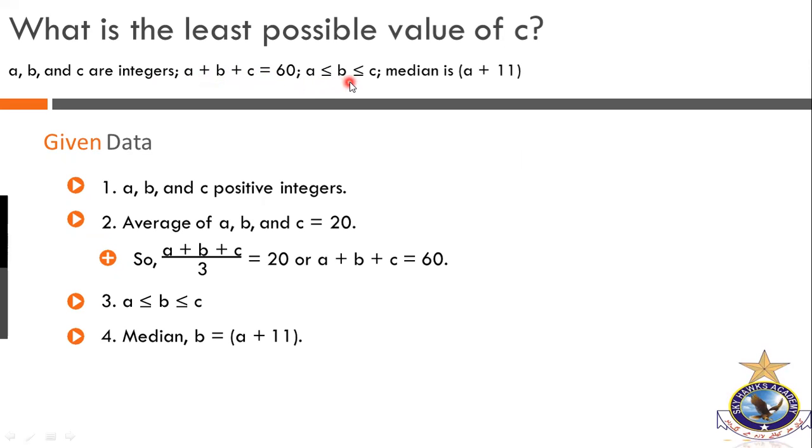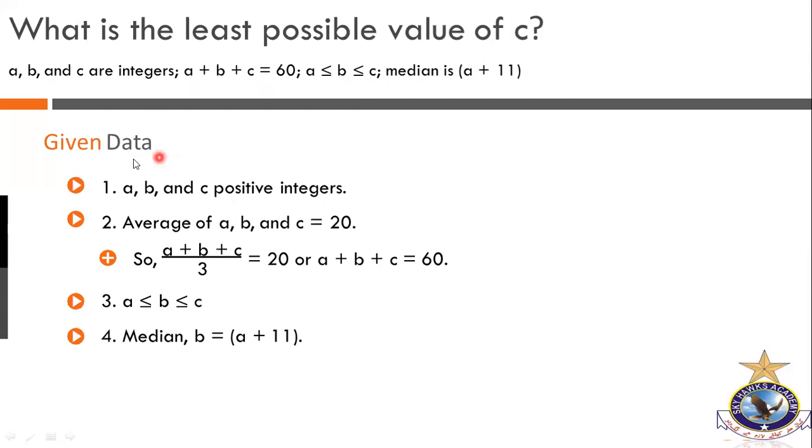One thing is always given: B lies between A and C, including A and C. Median is also given. So we make use of the mean and the conditions given. These three pieces of information are always in front of you, at the top, and C is what you're looking for.